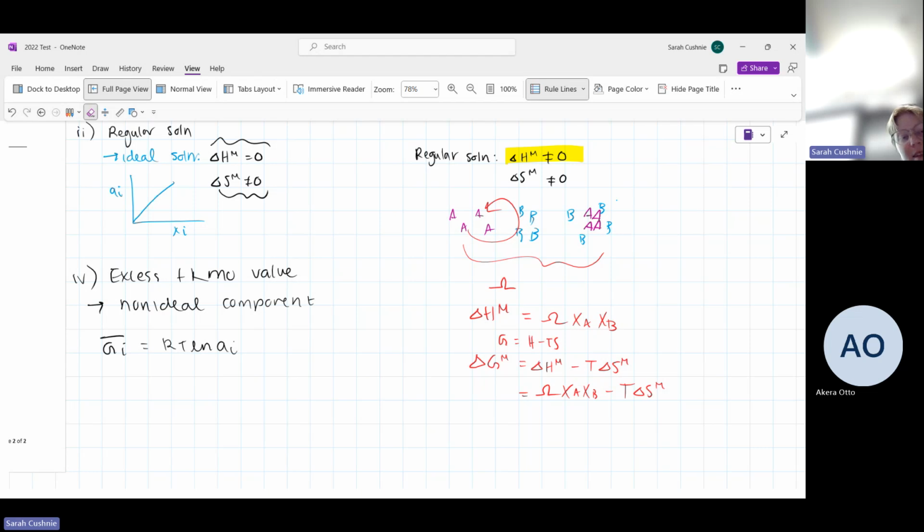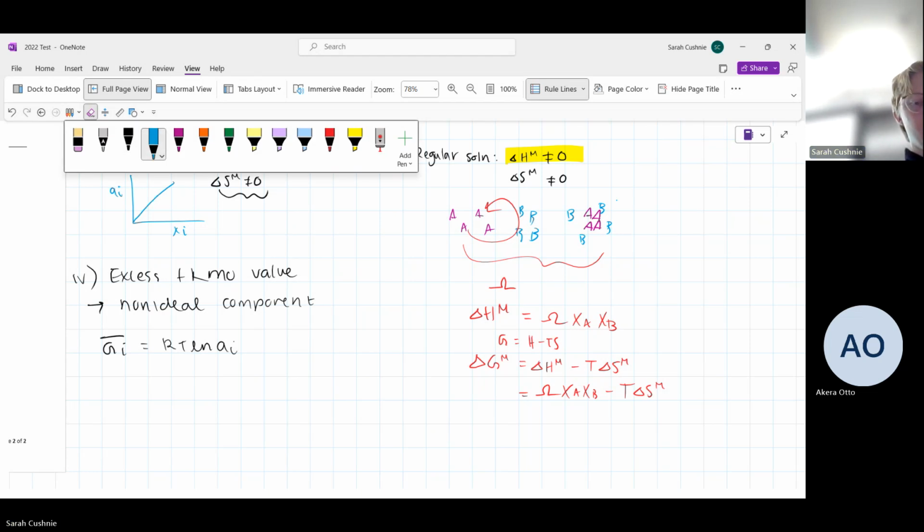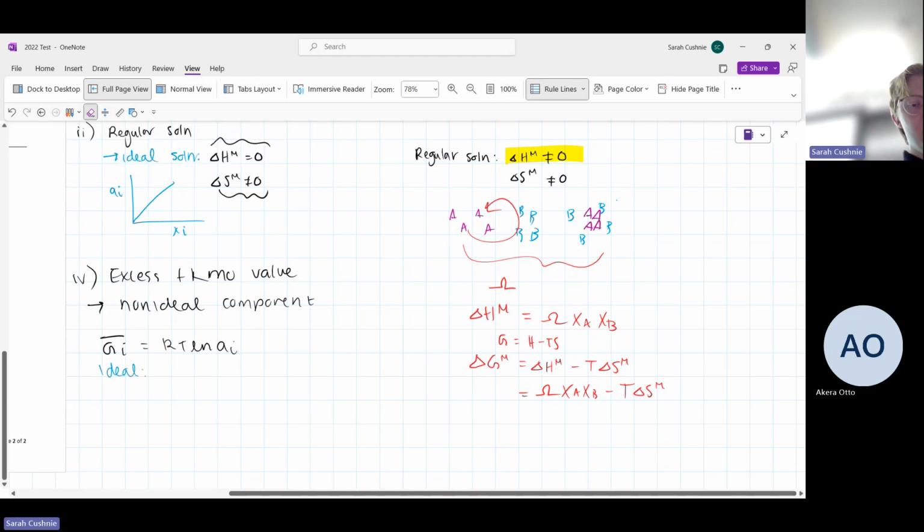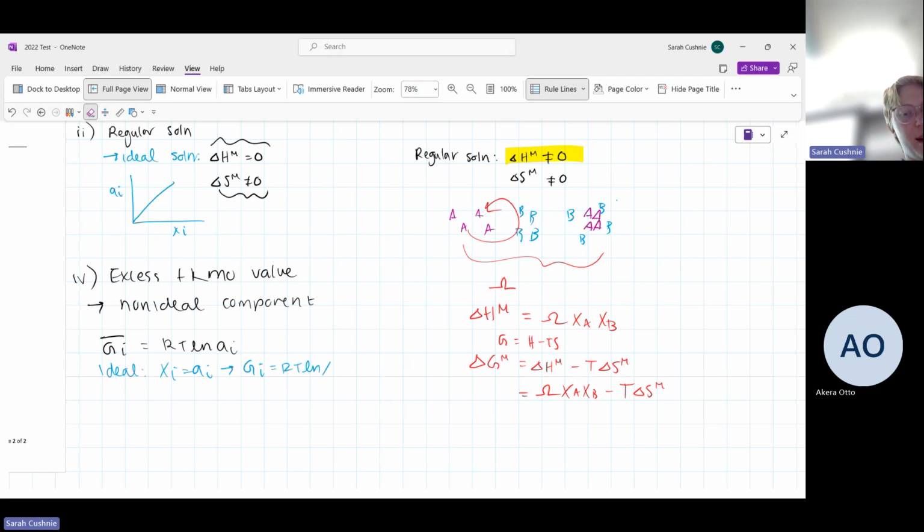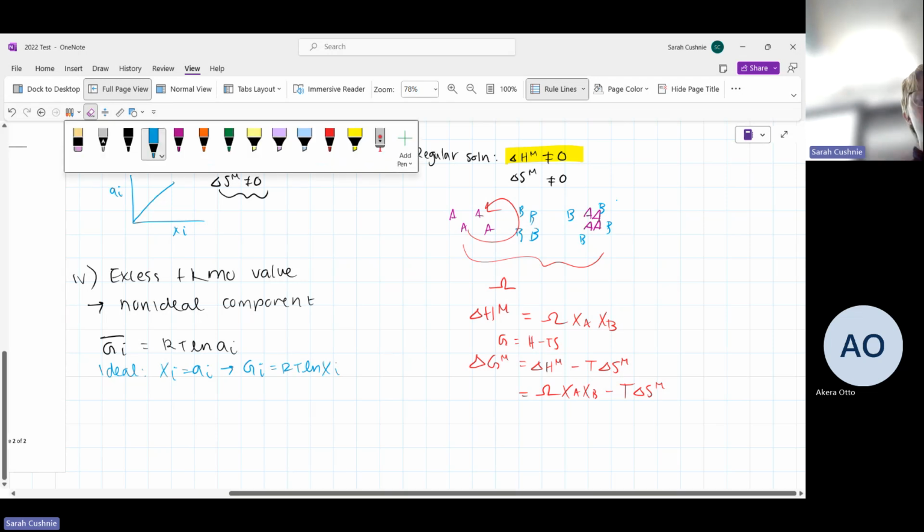And if we're dealing with something that's ideal, remember, ideal, then Xi is equal to Ai, right? It's equal to the molar fraction. So then we just have Gi is equal to RT ln Xi. But that's not always the case. So we can define it using our more generalized solution with Henry's law and all that.